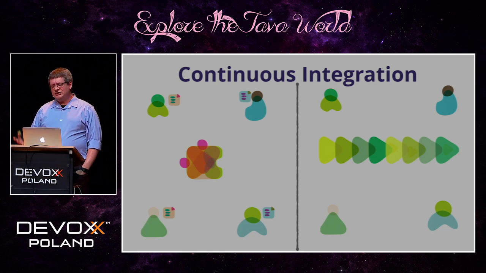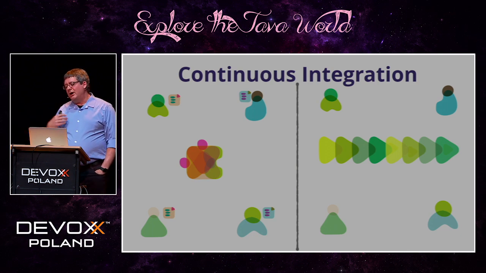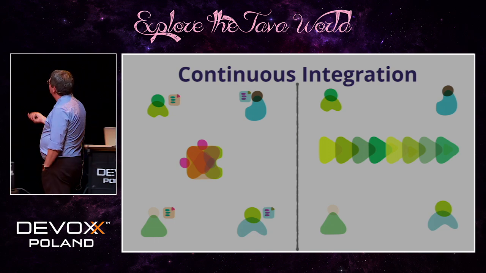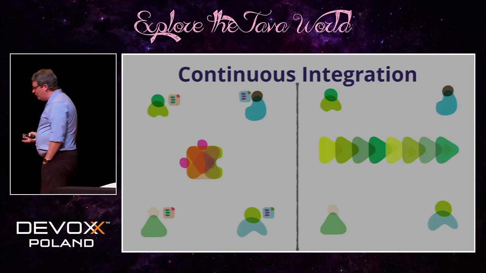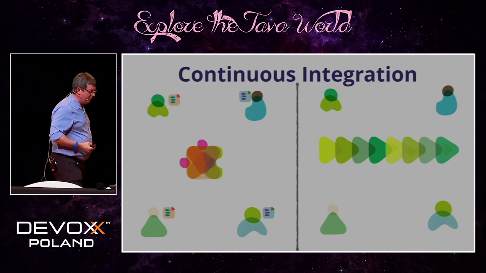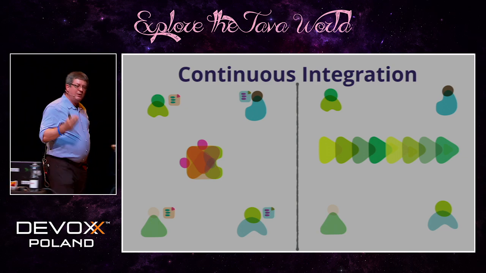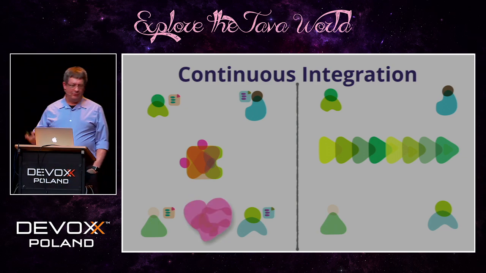But there was an interesting side effect of this because when the XP guys started talking about doing continuous integration, people who were on traditional projects thought that was a terrible idea because they knew that the integration part of the project was the very worst part of the project. And if you force everybody to do that every day, that makes every day the worst day ever.